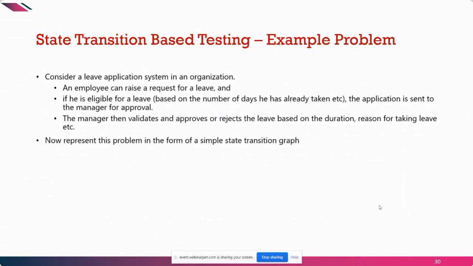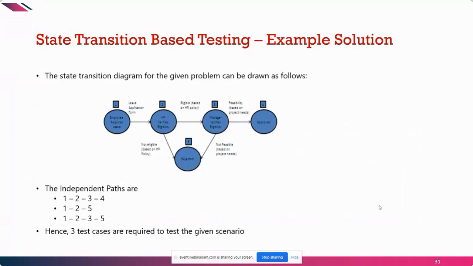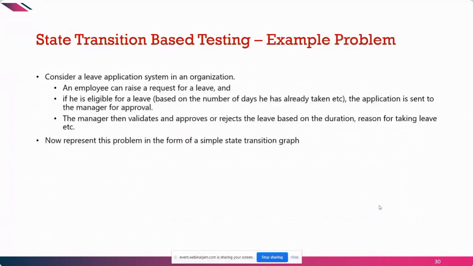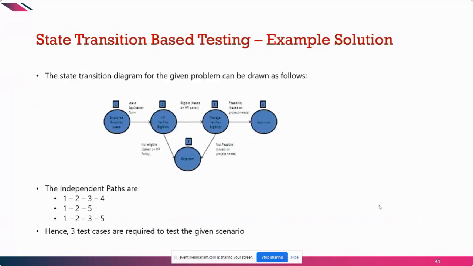If he is eligible for a leave, then the application is sent to the manager for approval. The manager will validate and approve, or the manager will reject it, right? So that is what the requirement is about. Now you have to identify all the independent paths for this requirement and draw the diagram, correct?